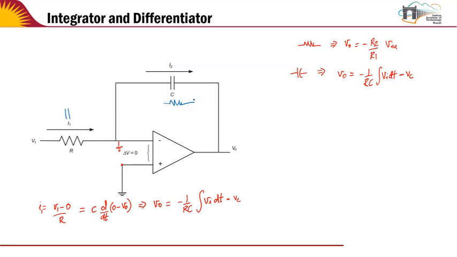So if I want to work this out, then the current flowing into the system is now I1 is C times dV1 by dt, which is going to be equal to the current flowing out, which is 0 minus V0 by R.